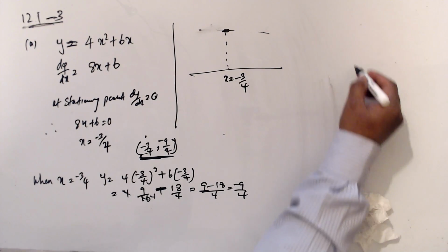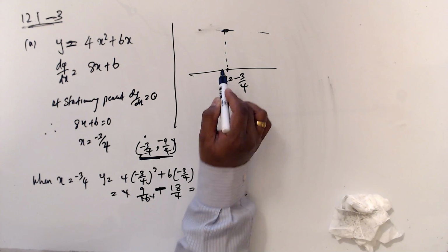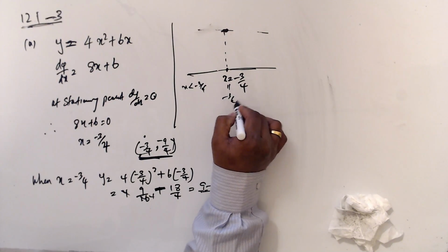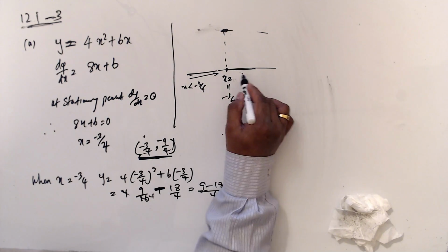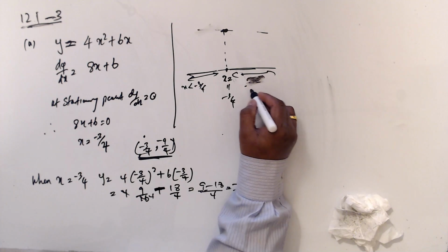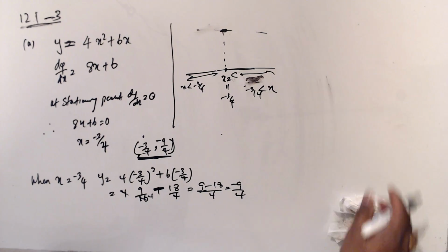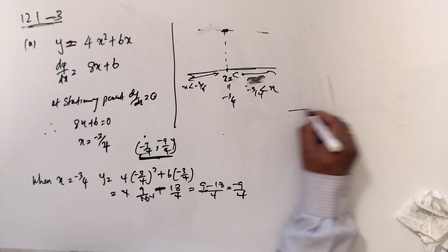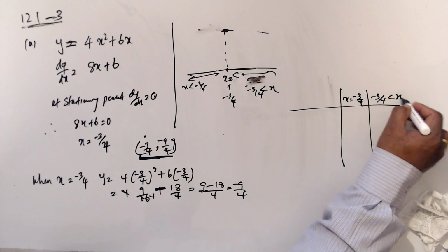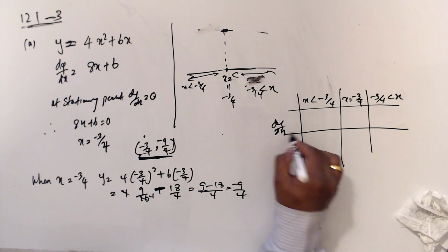So at x equals minus 3 over 4, now we have two areas. x less than minus 3 over 4, this is x equal to minus 3 over 4, and this area is x greater than minus 3 over 4. Now we'll check dy by dx.